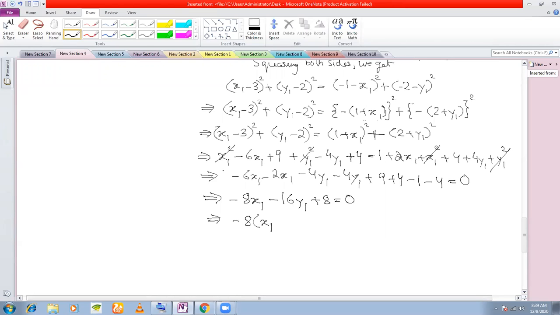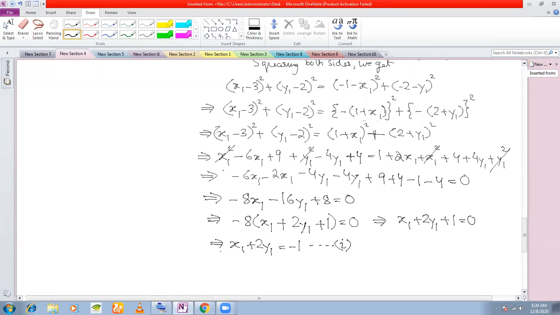You will get x1 plus twice y1 plus 1 is equal to 0. That means x1 plus twice y1 is equal to minus 1. This is your first equation.